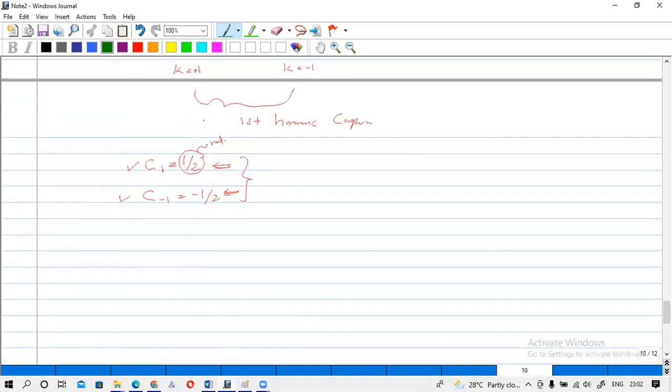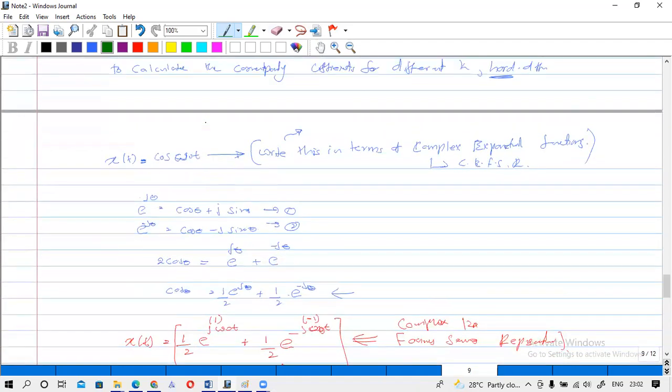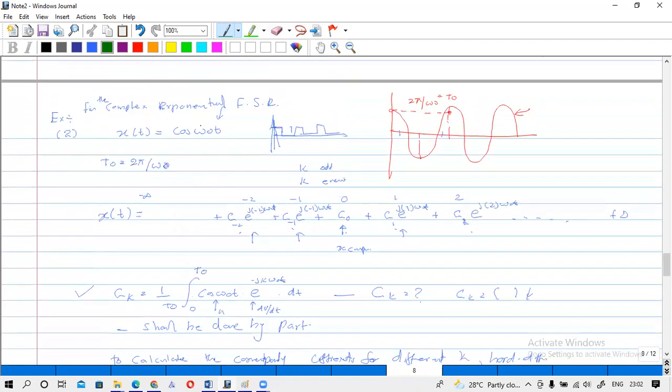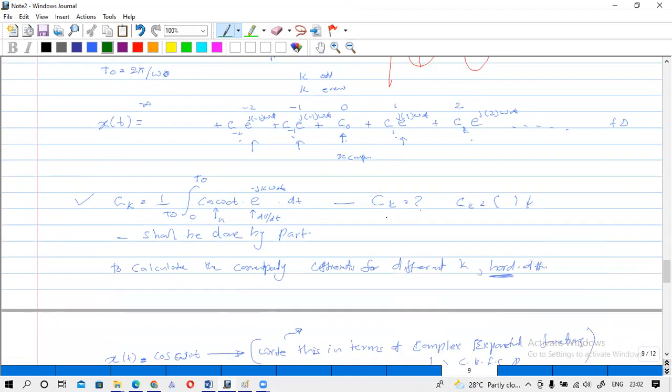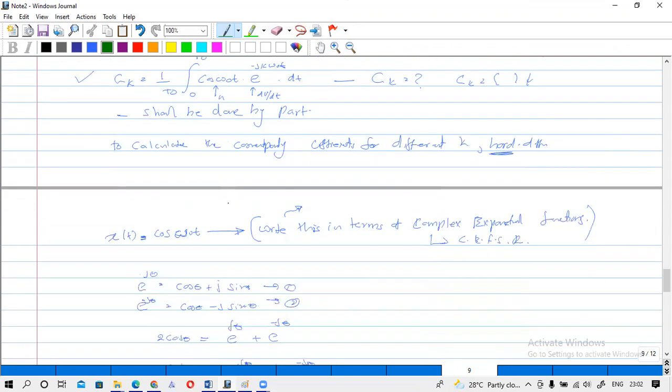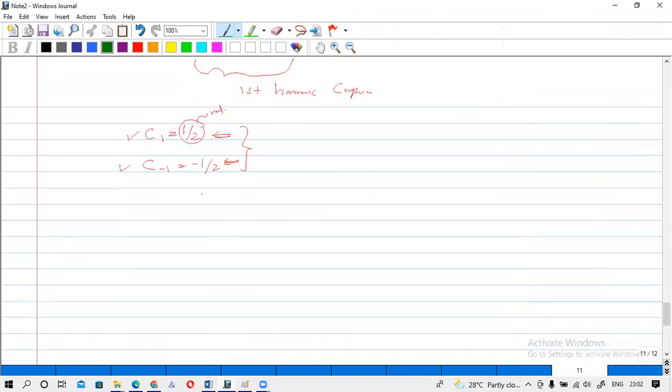If you want to go through this principal approach, you have to find this K value and you have to do this integration. And when you are doing this integration, the x(t) is more difficult, no?